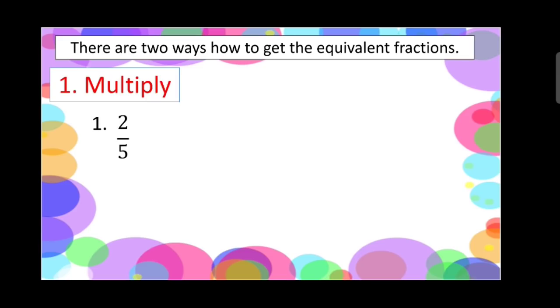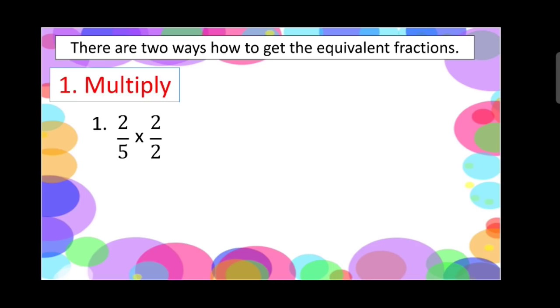For example, we have 2/5 or 2 over 5. Paano natin makukuha yung equivalent fractions niya? Okay, by multiplying by 2, both numerator and denominator. Always remember, kapag nag-multiply tayo sa numerator, ganun din po sa denominator. As you can see, nag-multiply ako ng 2 sa numerator, mag-multiply din po ako ng 2 sa denominator.